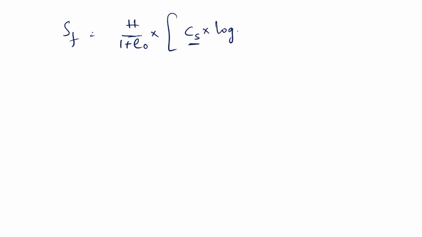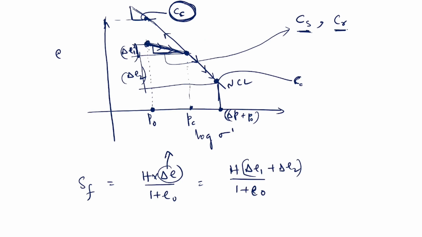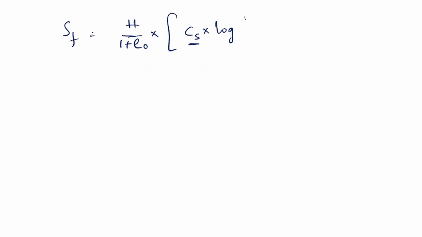The slope is CS, and the x distance is log PC by P naught. That is delta sigma 1.